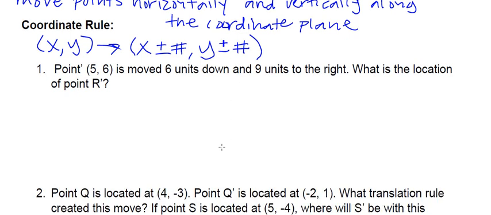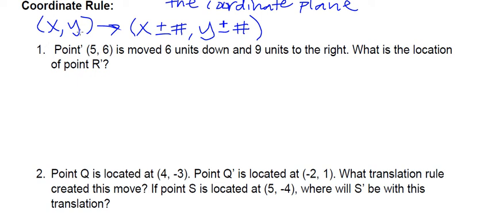Right here, I guess that's supposed to say point R. This point is moved 6 units down and 9 units to the right, and it wants to know what the new location is going to be. The most important thing here is to recognize that this 6 goes with the word down. So this is saying y minus 6. If you don't do that to the y coordinate, you're going to get the wrong answer. And 9 units to the right is x plus 9.